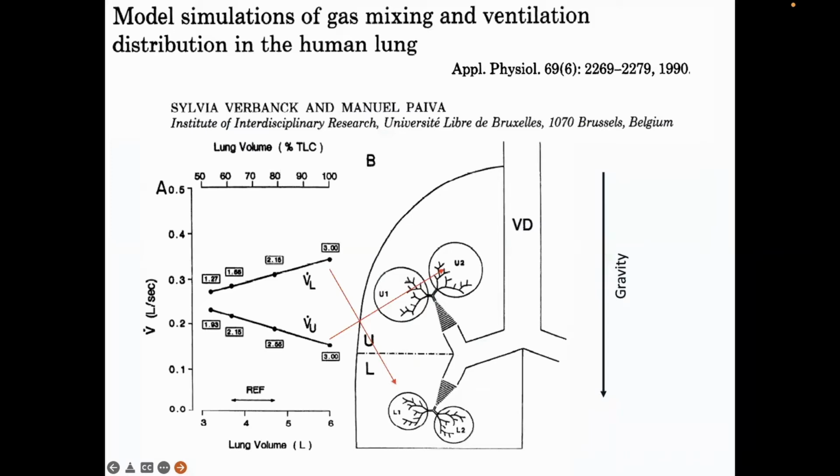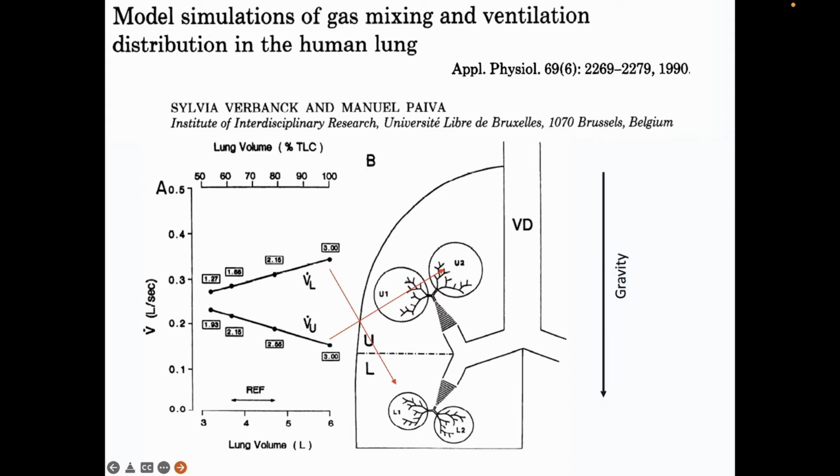Now, this is a very old paper from Sylvain Burbank in Belgium, where they showed where the volume distribution occurs. So if you look at this on the right-hand side in panel B, these bubbles represent the static lung volume. You have greater lung volume in the upper part of the lung, and you have a lower lung volume in the lower part at end expiration.